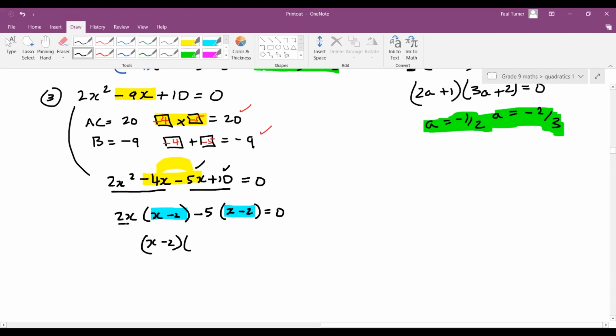And we are left with 2x minus 5 here equals 0. So then x will be 2 from the first factor and 5 on 2 from the second factor. So they're both positive. Okay, so that's your second answer. I'll leave that there for a minute.